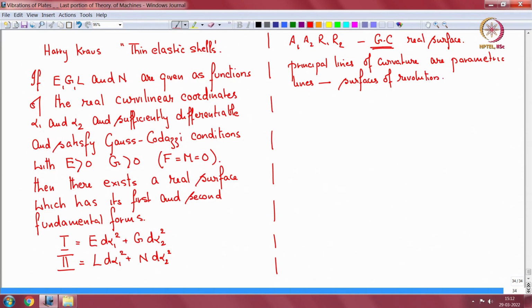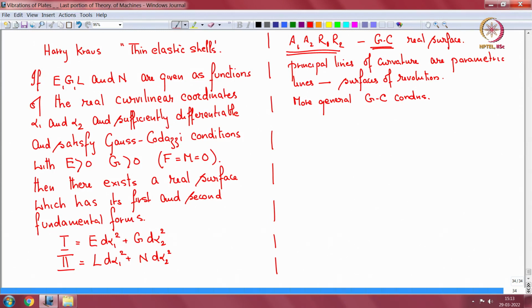If principal lines of curvature are not the parametric lines, there are more general Gauss-Codazzi conditions, which we do not need here. So if Gauss-Codazzi conditions are satisfied for a certain A1, A2, R1, R2, that means it is a real surface. That is all I wanted to say in this context.